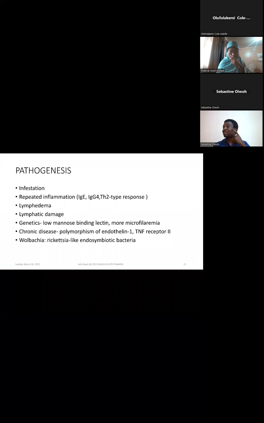This leads to lymphedema and lymphatic obstruction. Some other works have also mentioned the role of genetics that predisposes to more microfilaria in the blood. Polymorphism of endothelin-1 and tumor necrosis factor alpha have also been implicated as possible risks for chronic disease. Wolbachia species live symbiotically with the lymphatic filarial worm.